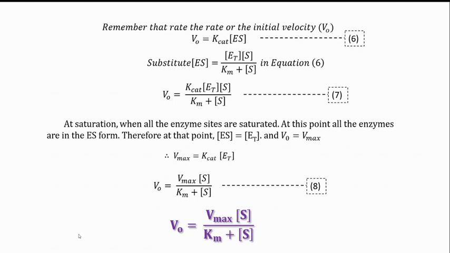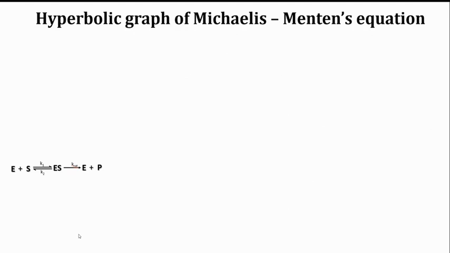Now at saturation, as we've said before, all the enzyme will be in the ES form because all sites are occupied. So Vmax is equal to Kcat multiplying E total at that point, which gives us equation 8, which is VO is equal to Vmax multiplied by substrate concentration all over Km plus substrate concentration. And that is our Michaelis-Menten equation.